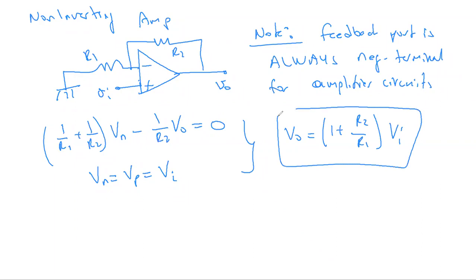As you see here, the input voltage is amplified by the 1 plus R2 over R1 ratio and sent to the output with no change in sign, no polarity change. So we get this non-inverting amplifier.